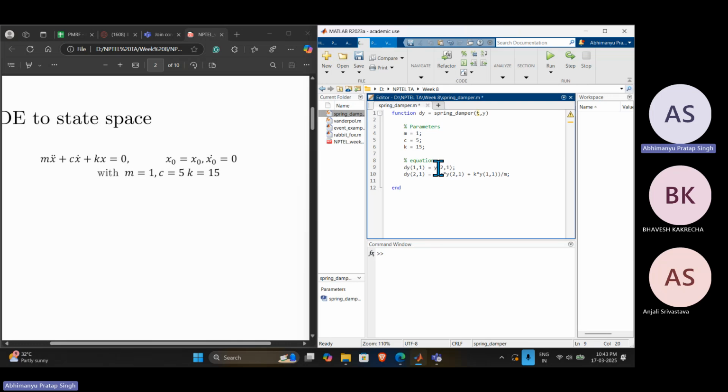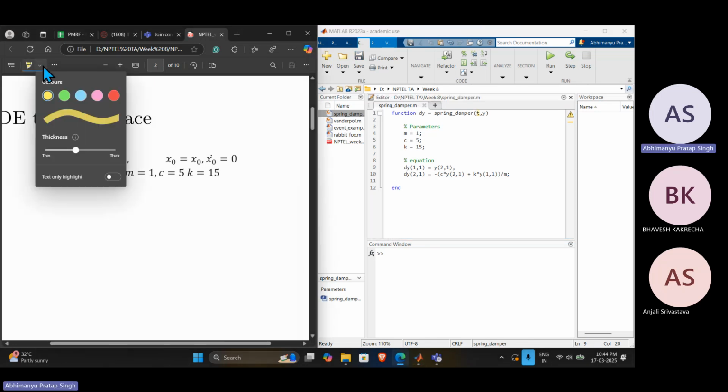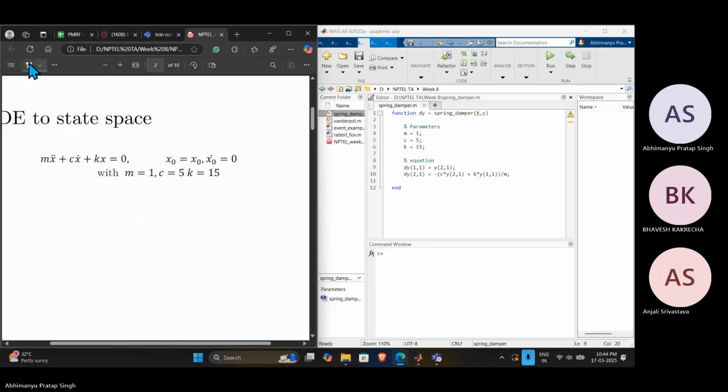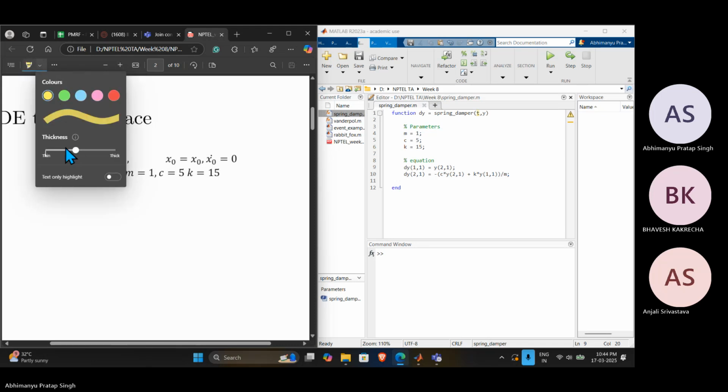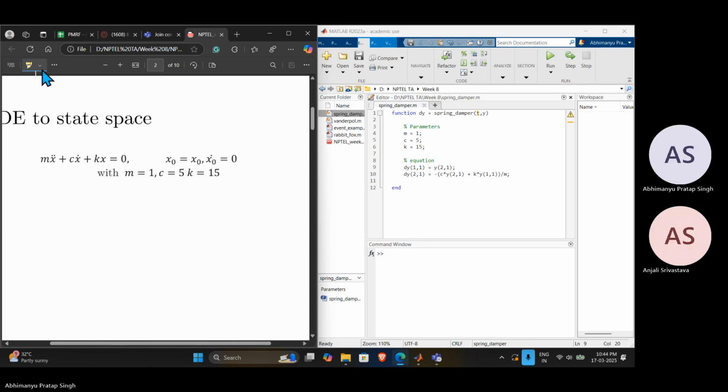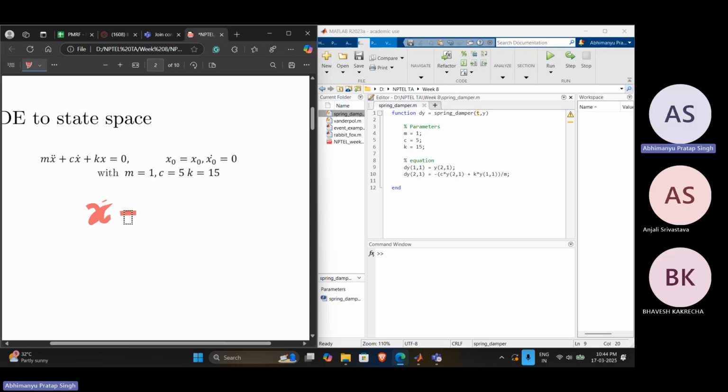The first equation is x dot is equal to basically x dot itself, right?